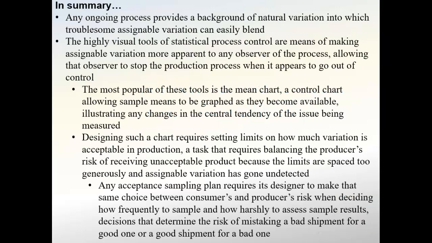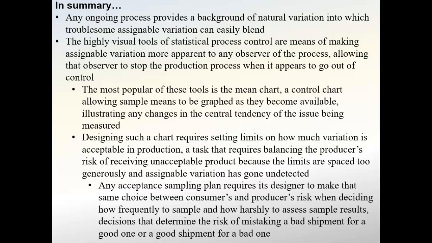So in summary, any ongoing process provides a background of natural variation into which troublesome assignable variation can easily blend. The highly visual tools of statistical process control are means of making assignable variation more apparent to any observers of the process, allowing that observer to stop the production process when it appears to go out of control.